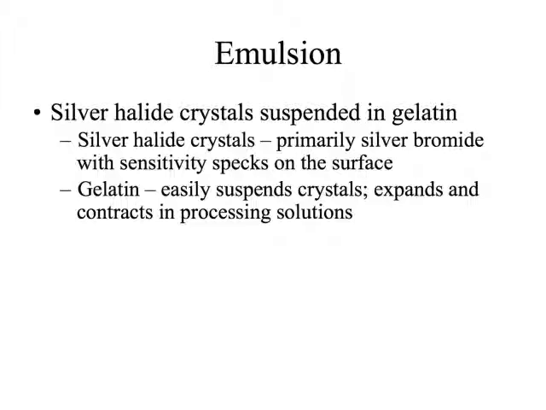Of the silver halide crystals, there are little silver bromide pieces inside that have sensitivity specks on the surface. We'll talk about what the sensitivity specks are and what they do in a second. And then again, the gelatin. It's an easy suspension, and it actually expands and contracts during processing. So the developer is going to allow the gelatin to expand, and then the fixer is going to make it contract and harden.